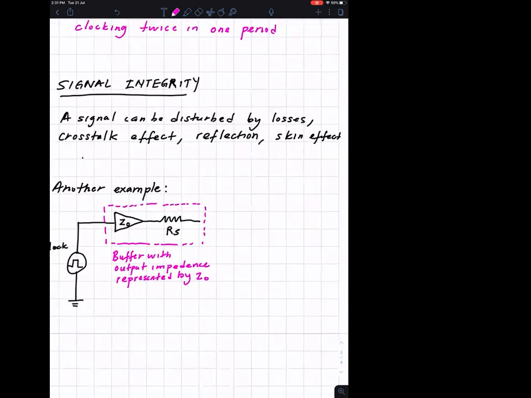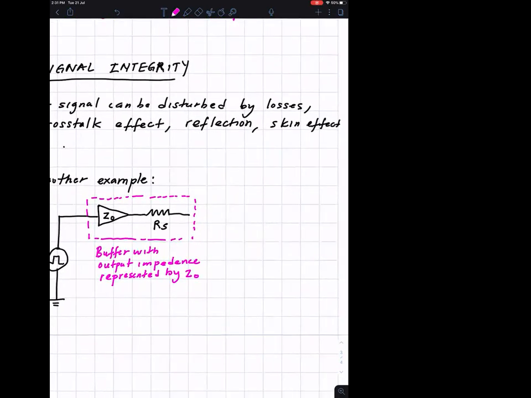Okay, a clock driver signal is coming, going through the buffer, and then you have a series resistance followed by the transmission line. So a 50 ohm transmission line.